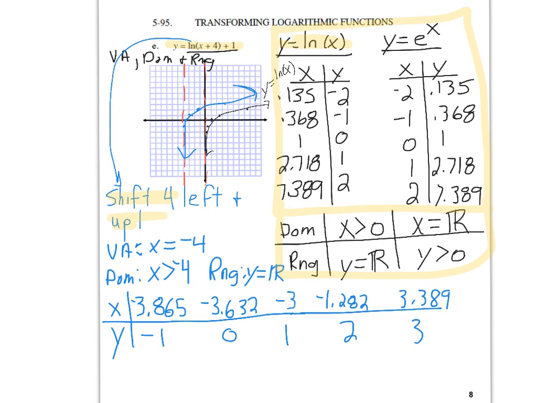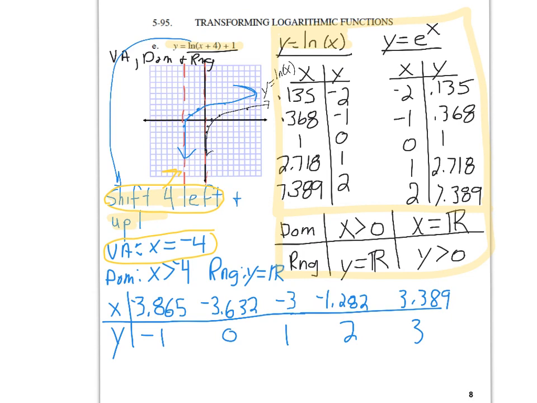Now if we just start thinking about this, the ln of x has a vertical asymptote on the y-axis. Well, if I'm going to shift 4 left, that's going to move that vertical asymptote 4 units to the left. And that's what you see here in red right now. This shift of 4 moves that asymptote 4 units left. So my vertical asymptote is at x equaling negative 4.